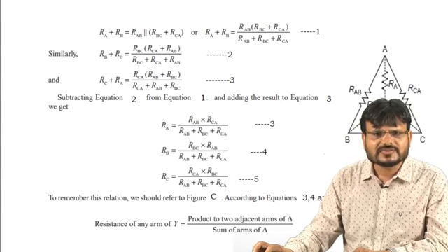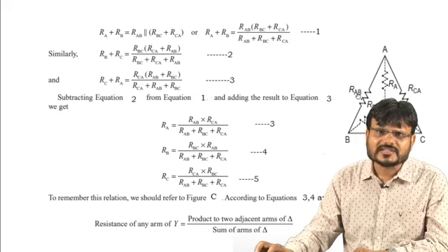Here you can note that the resistance of any arm of the star connection, for example RA, is equal to the product of the two adjacent resistances divided by the sum of all the resistances. RA is equal to RAB multiplied by RCA divided by RAB plus RCA plus RBC.